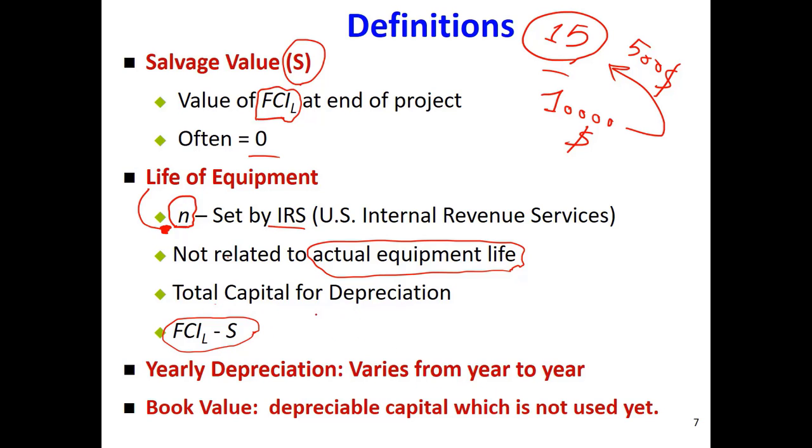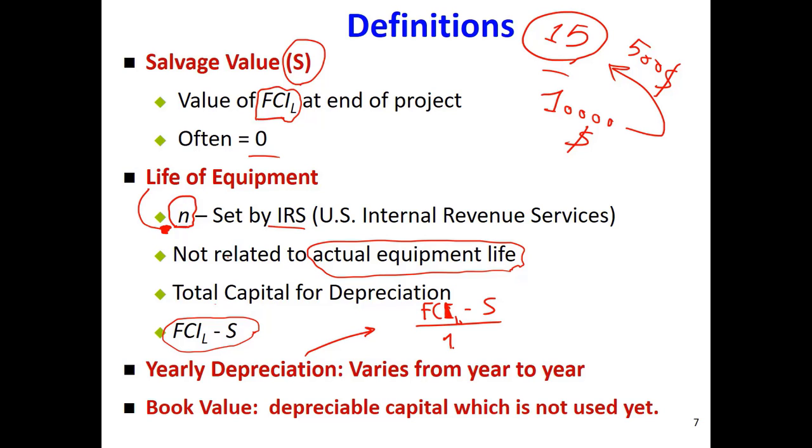As I said, for yearly depreciation, maybe the easiest way is to divide this. This is your fixed capital investment minus salvage value, the money that you put in at the beginning minus the money that you will get at the end.